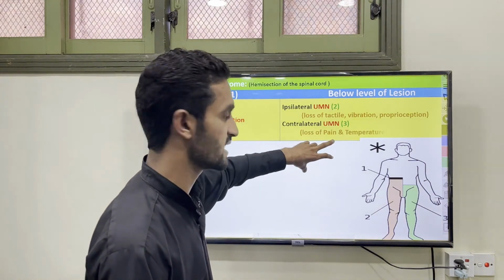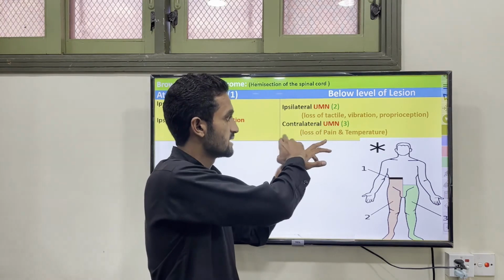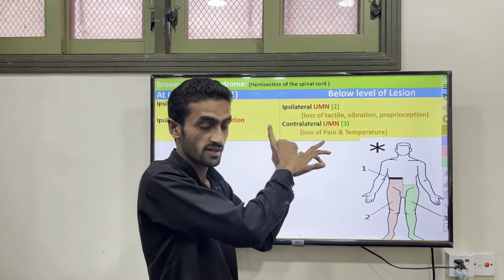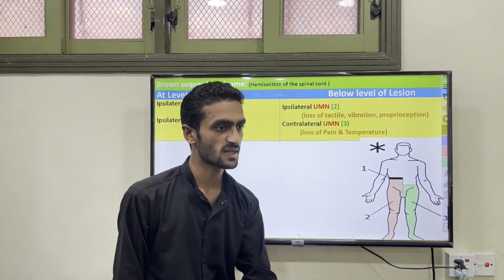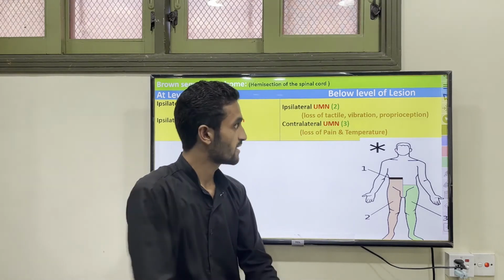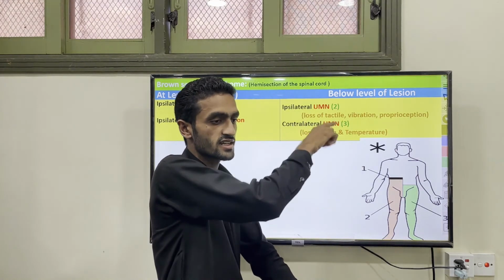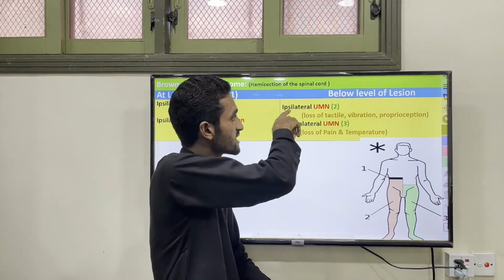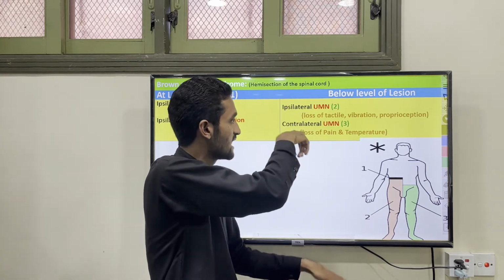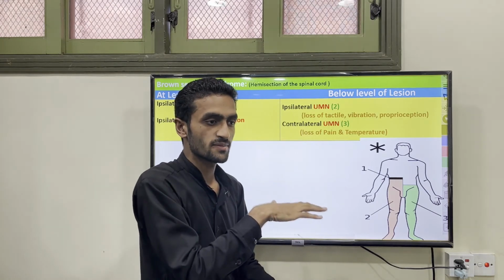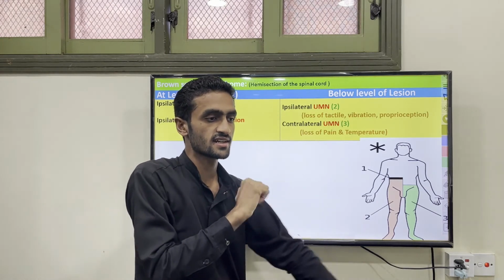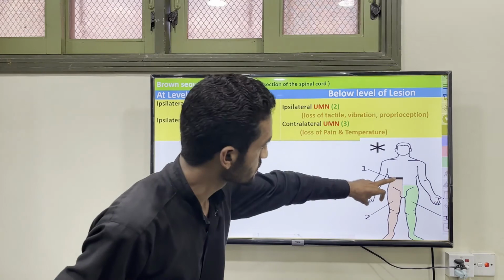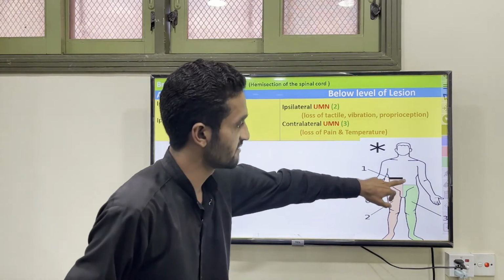The loss of pain and temperature, because you know the spinothalamic tract crosses at the level of the spinal cord, while the dorsal column crosses at the level of the medulla. So their condition is ipsilateral, and for pain and temperature, the condition is contralateral.